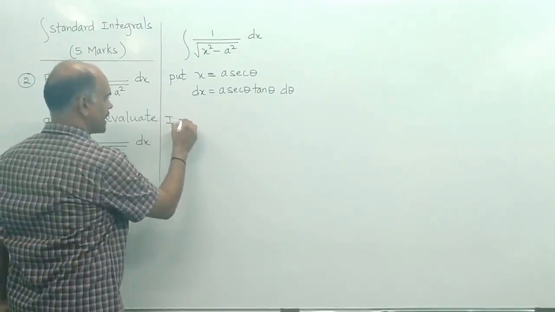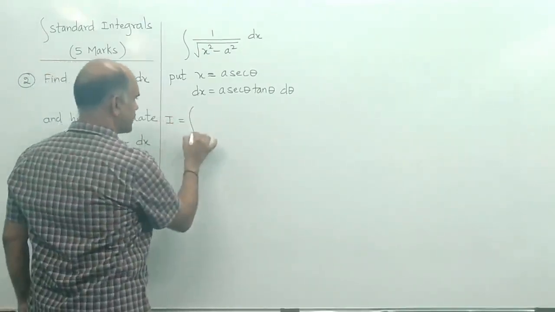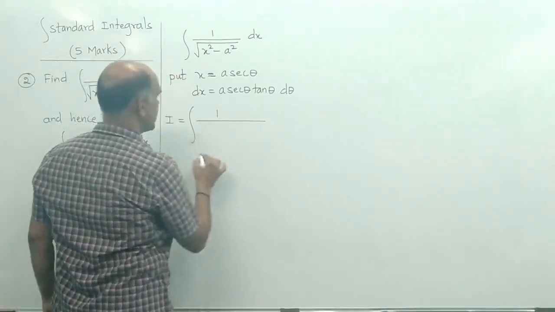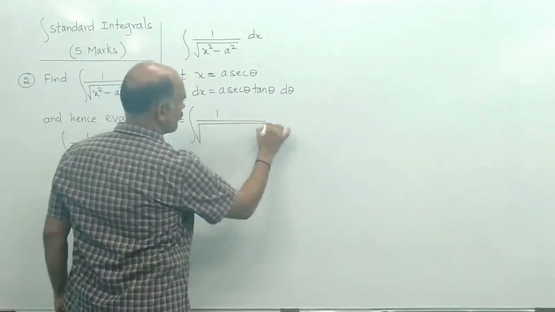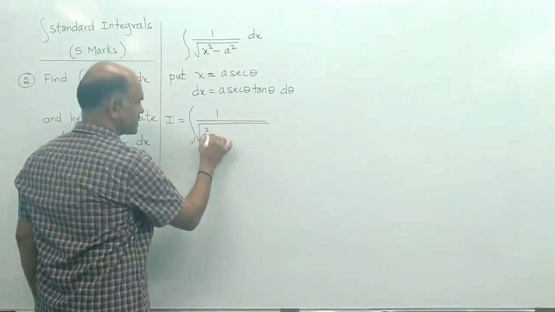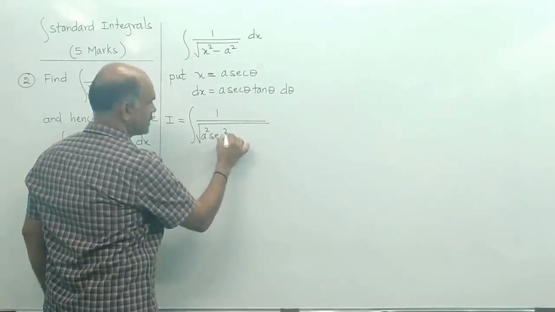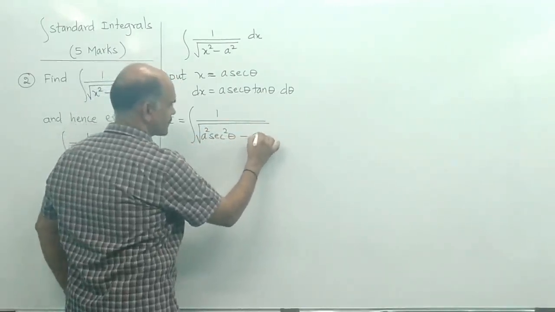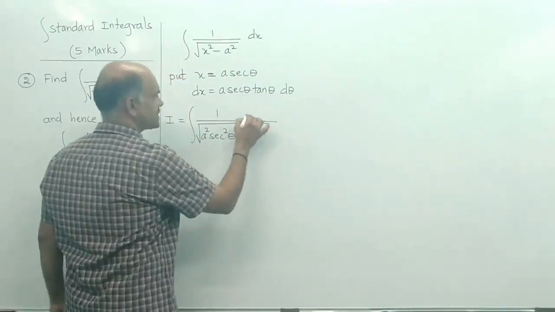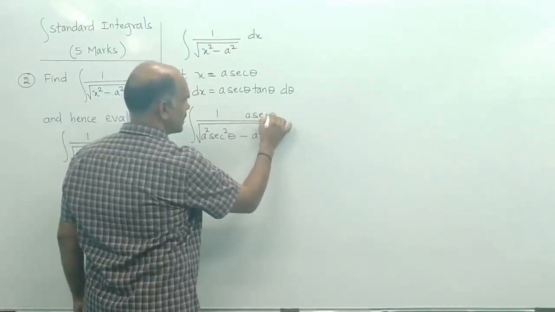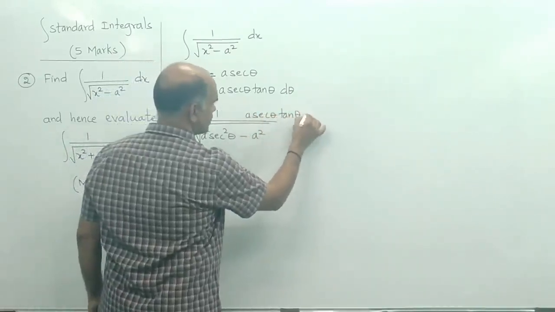So you will have I is equal to integration of 1 by root of a square secant square theta minus a square, dx is a secant theta into tan theta d theta.